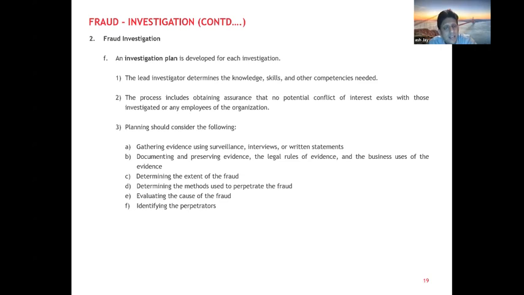And to that standard, you have to ensure that the planning, the evidence gathering, and the presentation are done so that whatever evidence you gather throughout the audit will be accepted or admissible in a court of law. So this is very, very important. When you start an investigation, you have to assume that litigation will follow.